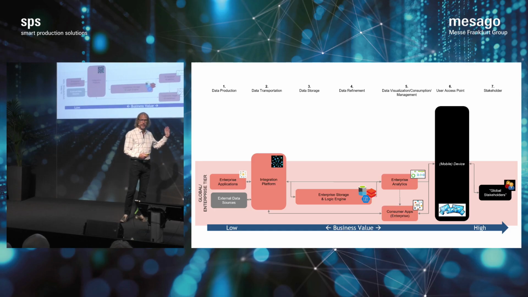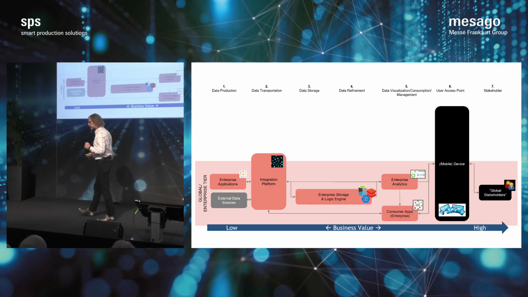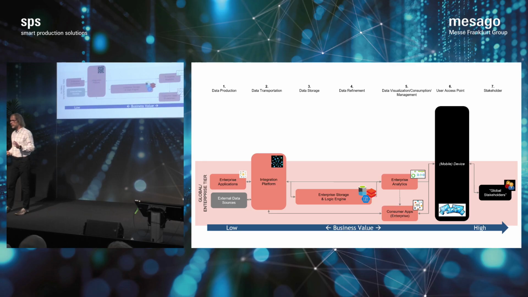Going from left to right in this picture, it's showing the necessary building blocks to actually get the raw data into the hands of key stakeholders. But for the far edge data that I mentioned previously, a completely different solution is necessary.